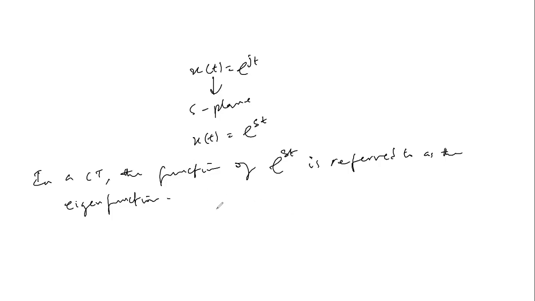So in other words, e^st becomes the input to the continuous time linear time invariant system, such that should this be defined by parameter h, then the output is h e^st. Okay, where h is also a function of S, where H is the same as H of S.